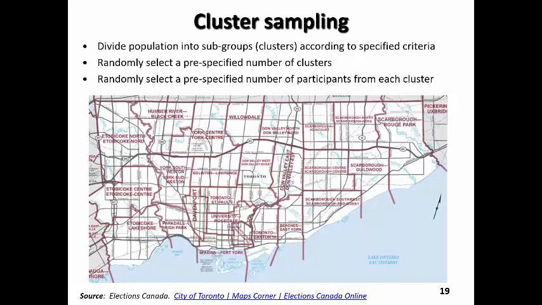Polling companies and political consultants would use cluster sampling, randomly selecting a certain number of those clusters, and then randomly sampling people within those randomly selected clusters to ask questions about their preferred electoral candidate. One of the reasons that's done is that it cuts down on the resources necessary to obtain that pre-election polling data. And that's what cluster sampling is all about, and that's how it's used for elections.